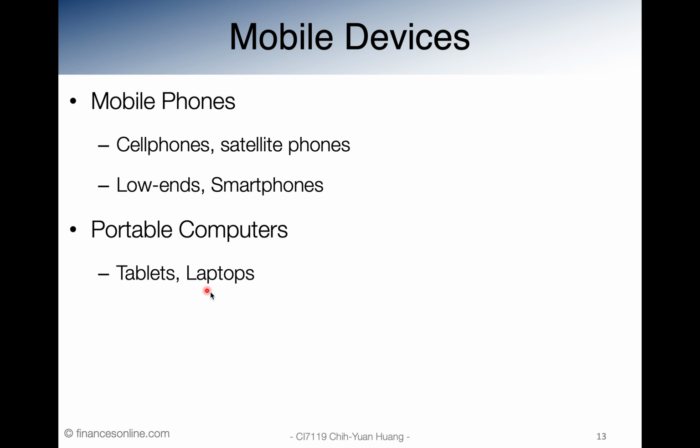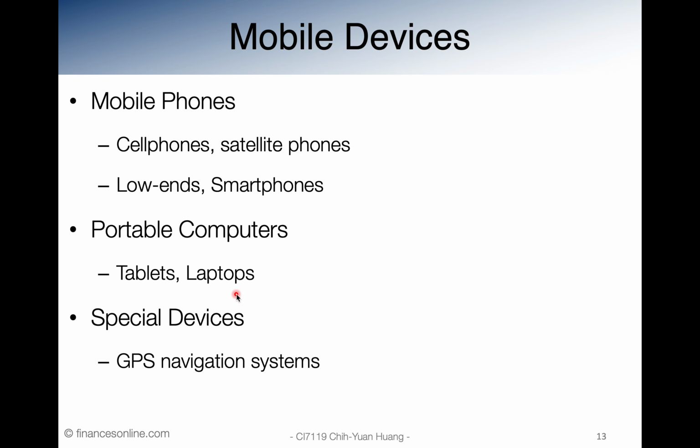It could be tablets or laptops. And there are some special devices, for example, the GNSS or GPS navigation systems that can be counted as a mobile device as well. But of course, that's just one example. You can also have other types of special devices created to support mobile usage.